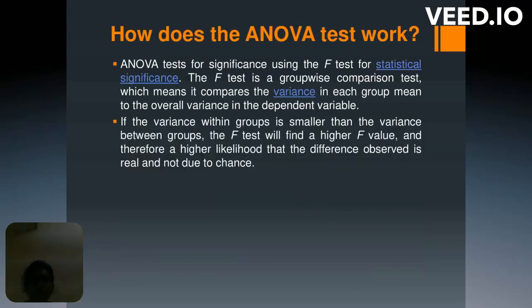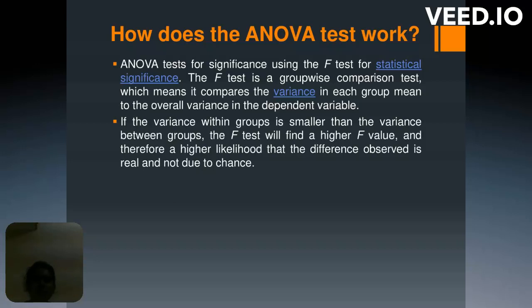So how does the two-way ANOVA test work? Two-way ANOVA tests for significance by using the F test for statistical significance. We can say that the F test is a group-wise comparison test which is done to compare the variance in each group mean to the overall variance in a dependent variable.